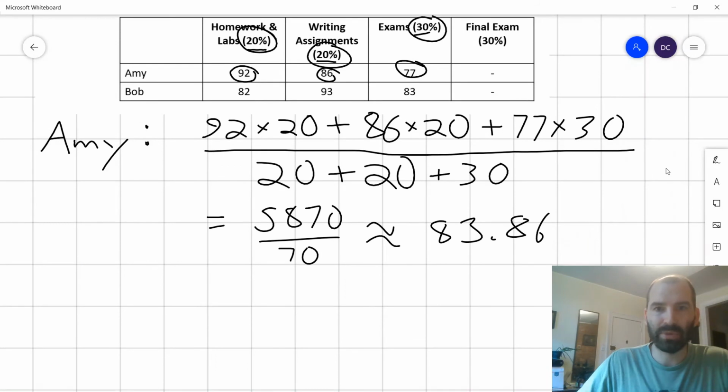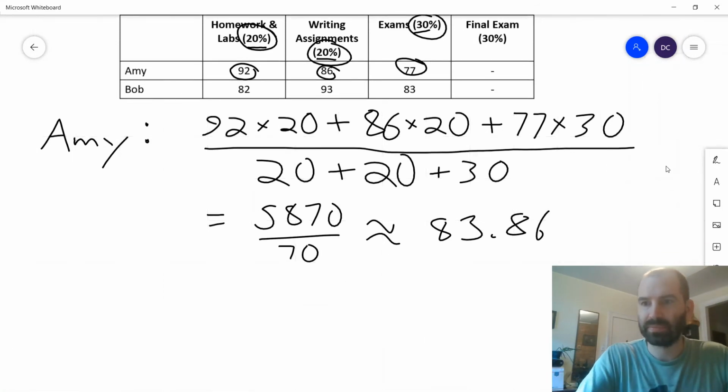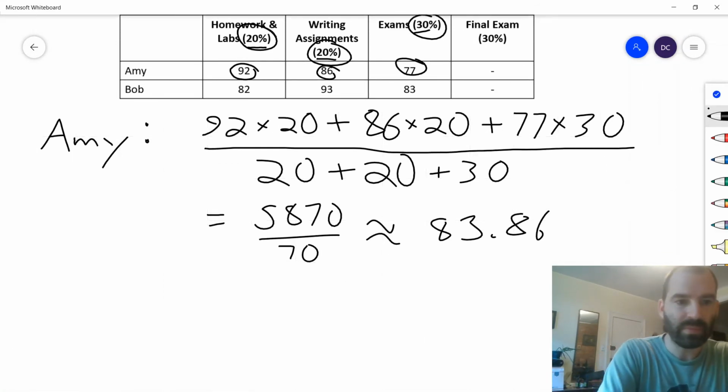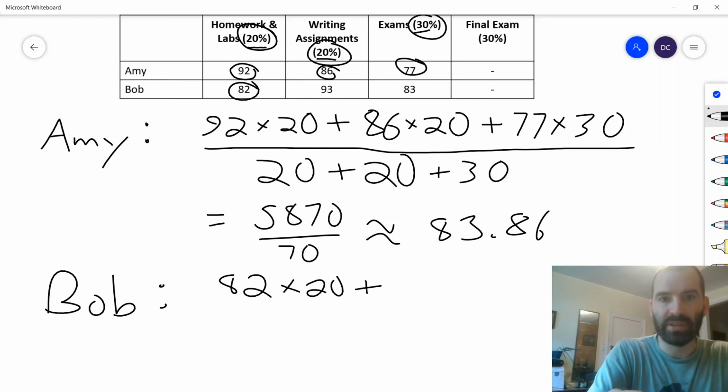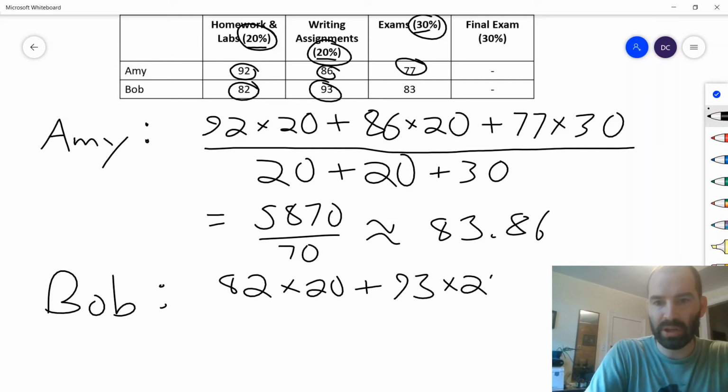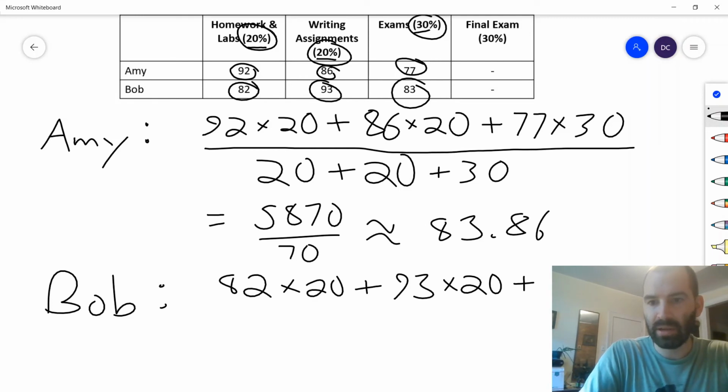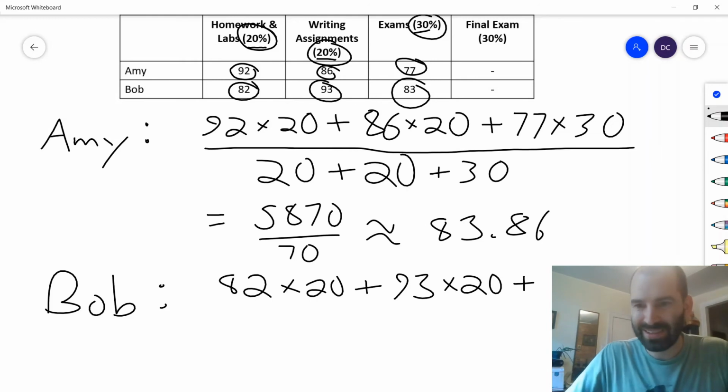Now let's do Bob's weighted average. So for Bob, we do his first score, 82, multiplied by the weight, 20. His next score, 93, multiplied by the weight, 20. And his last score, 83, multiplied by its weight, 30.